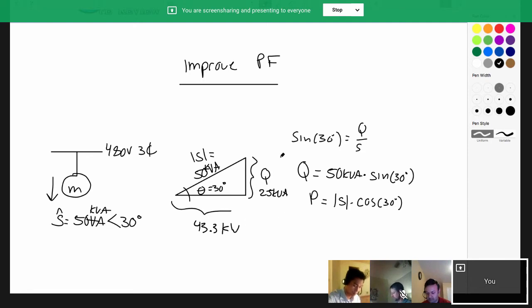Okay. So say we're spending $10 per kilowatt hour. So we're spending a total of 10 times, we'll call that kVA.